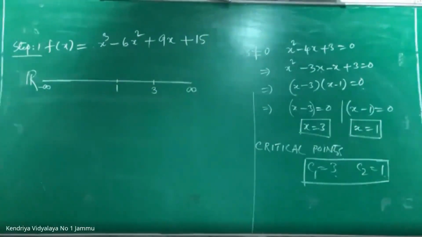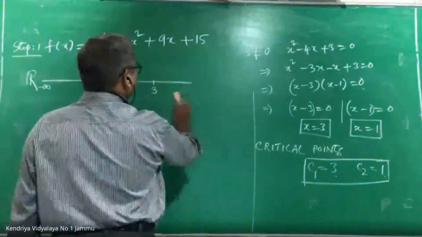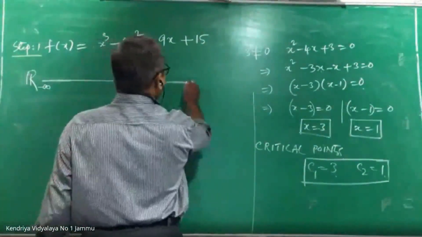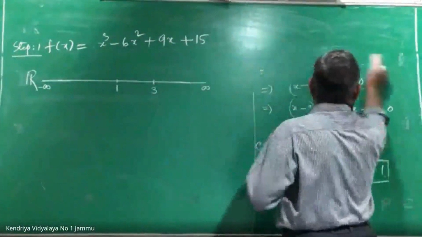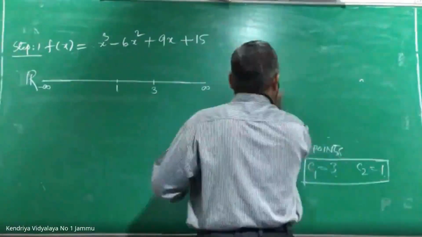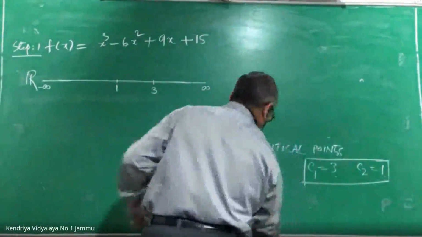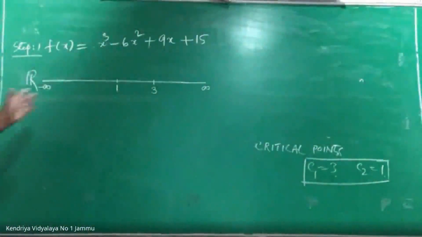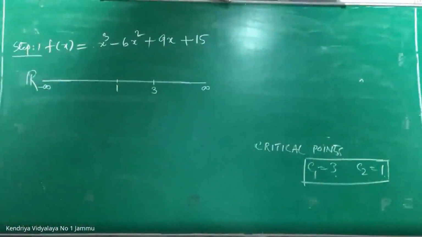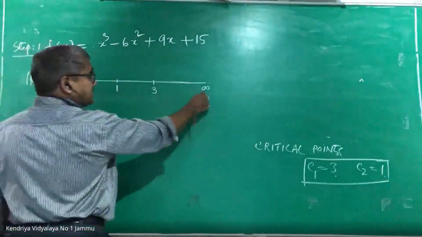I hope you have taken whatever I have written on the blackboard. I am removing all those things. Now I am keeping only the critical values which are plotted on the graph paper in the order in which they come on the number line. You may get a doubt, sir, why did you take minus infinity to plus infinity as the number line?